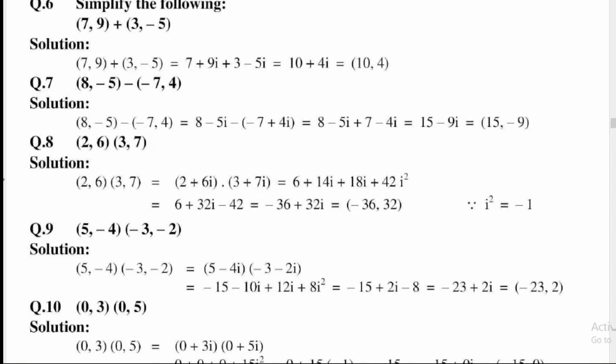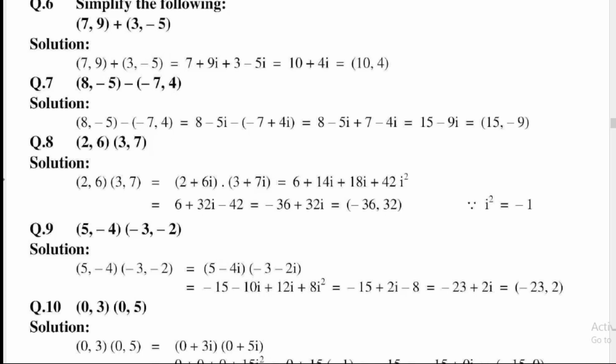So 6 - 42 is equal to -36 + 32i. So it can also be written in the form of (-36, 32).